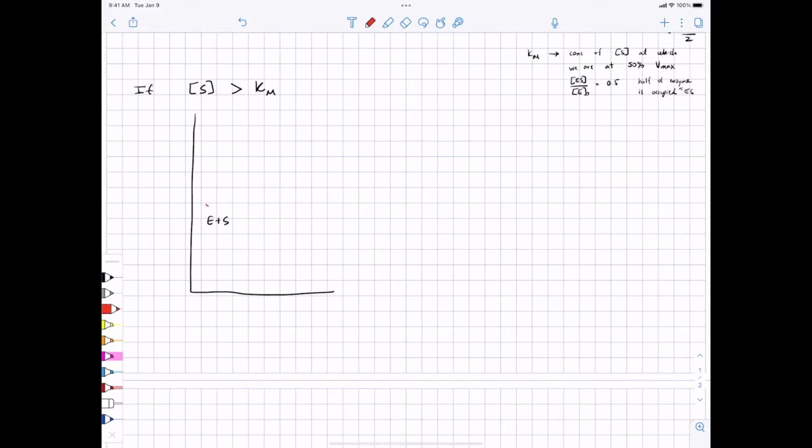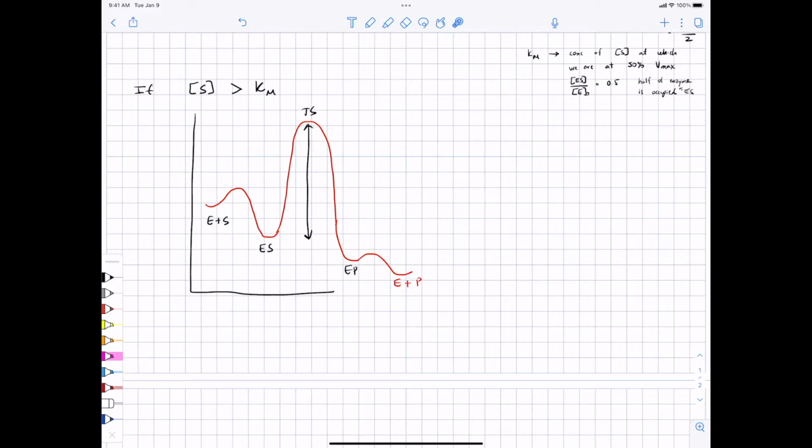If you're at a concentration where substrate is greater than Km, that means most of the enzyme is going to be bound, so the enzyme substrate complex must be lower in energy. Then you have the high energy transition state, you have the enzyme product complex, which will then dissociate to be enzyme plus product. And the thing that defines the rate of the reaction is the difference in energy between the transition state and the enzyme substrate complex.